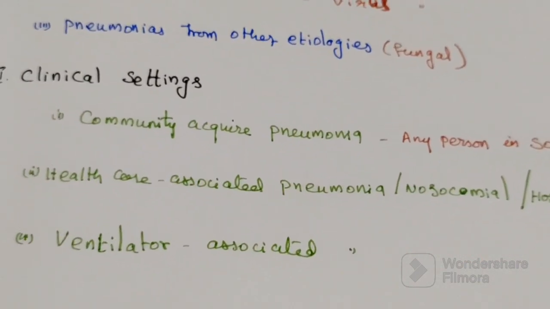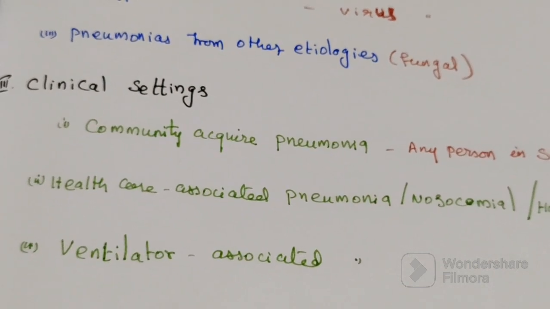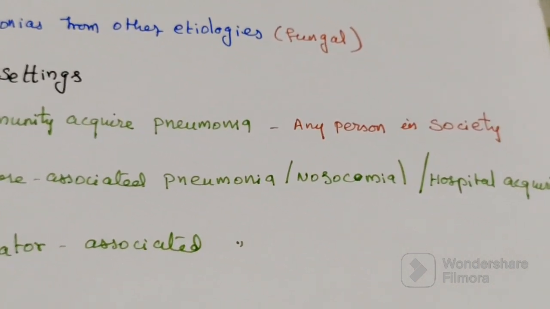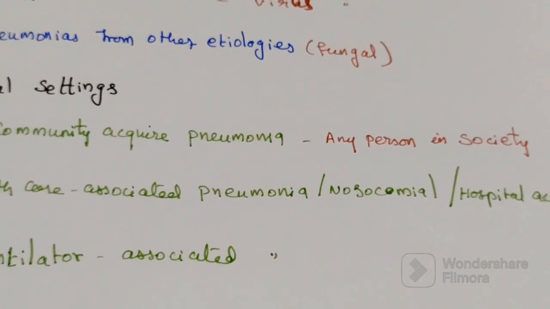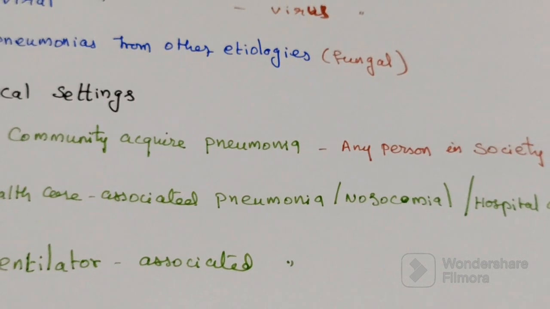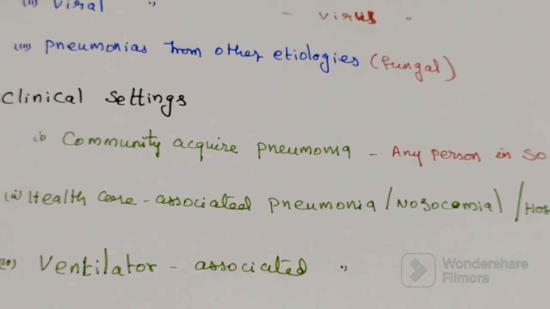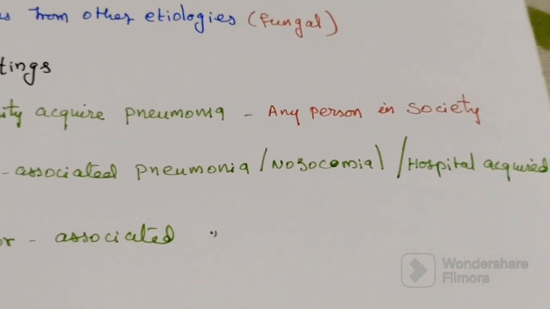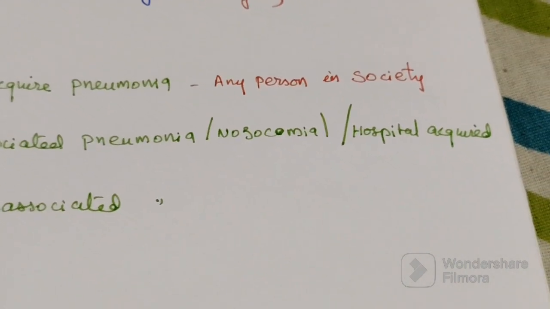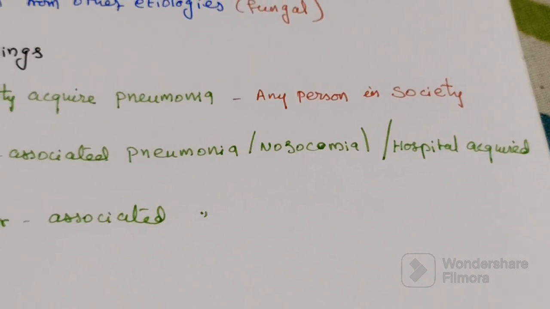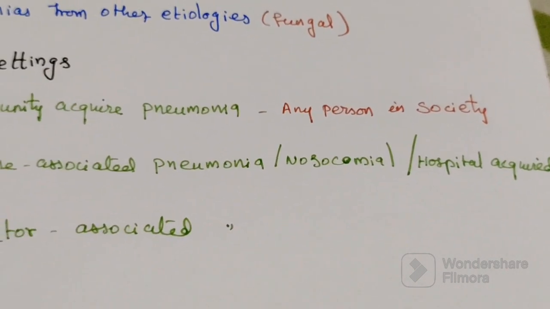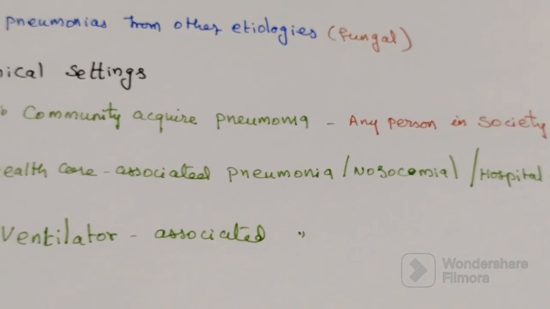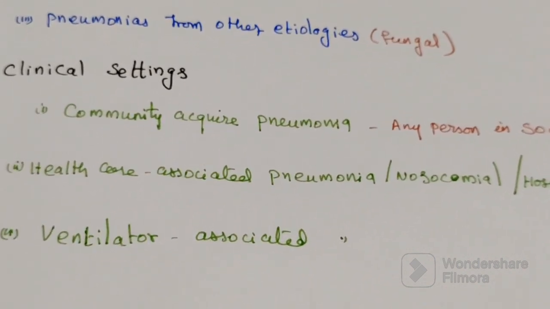Then clinical setting. First one is community acquired pneumonia. Any person in society, you, me, any person affected means community pneumonia. Second one is healthcare associated pneumonia, also called nosocomial pneumonia or hospital acquired pneumonia. When a patient admitted in hospital gets infection after 24 hours, it is called healthcare associated pneumonia.